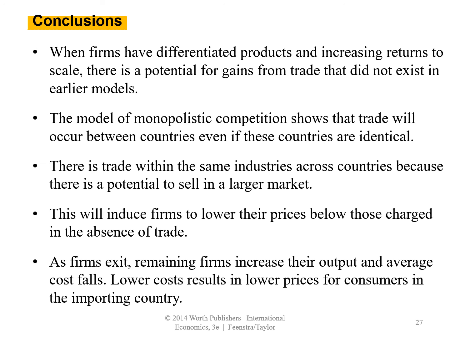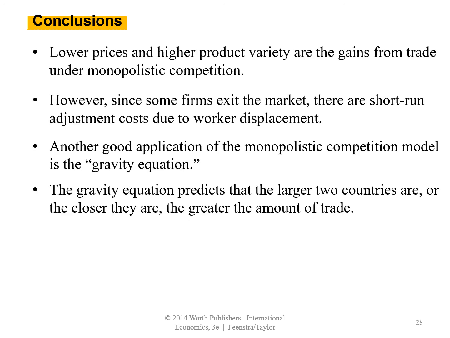And so that means that even if countries are really identical, they can still specialize in different varieties or variations of the same product and trade with each other. And there are other factors like the size of markets and so on. So we get lower prices and higher variety of products under this monopolistic competition scenario.